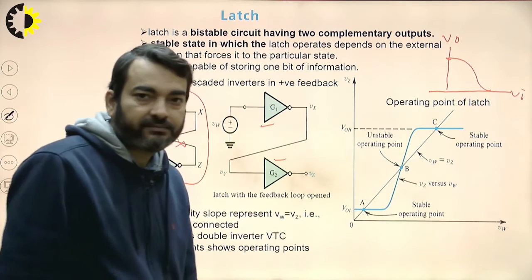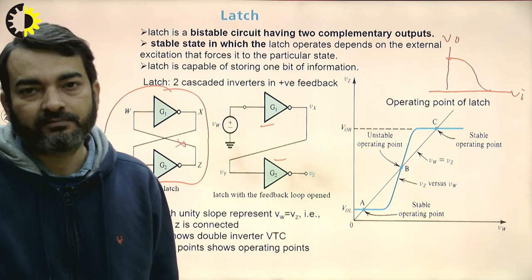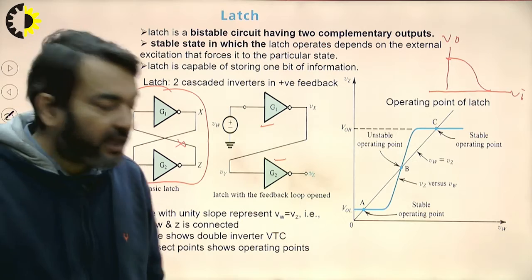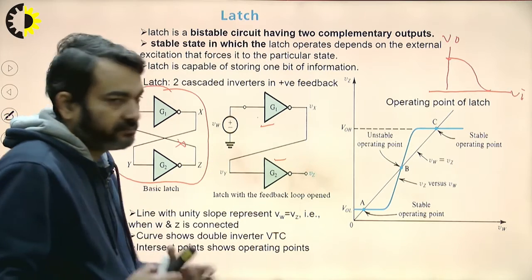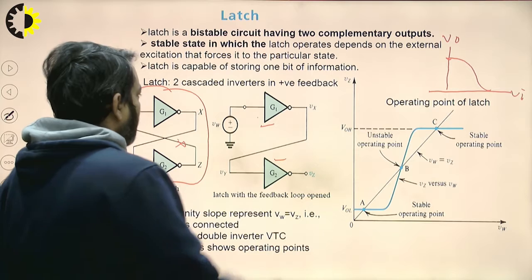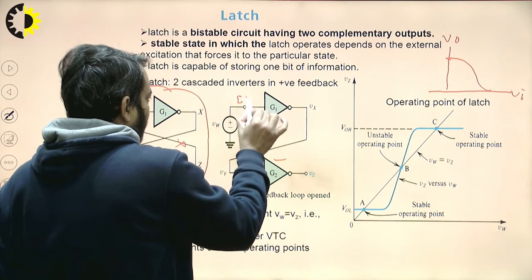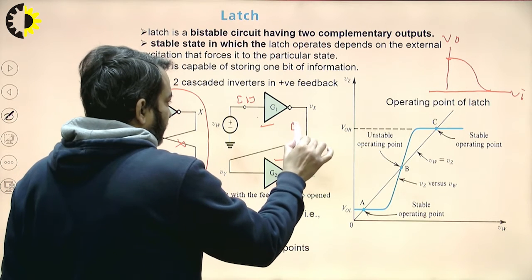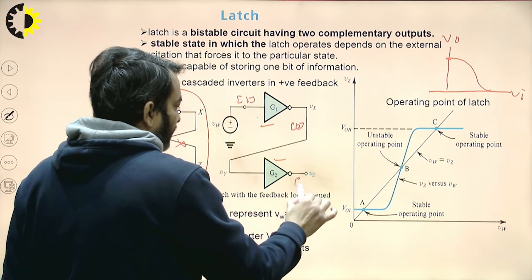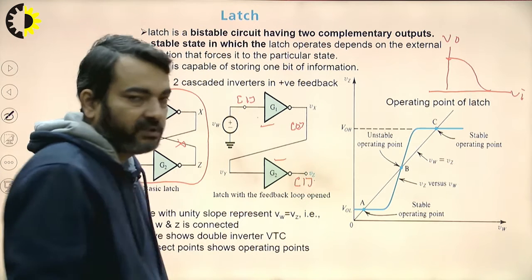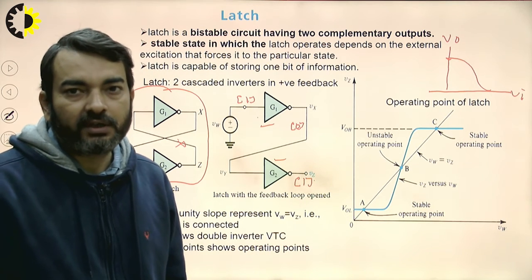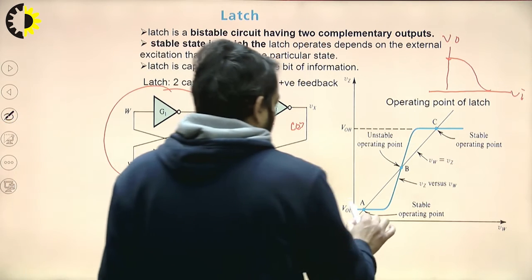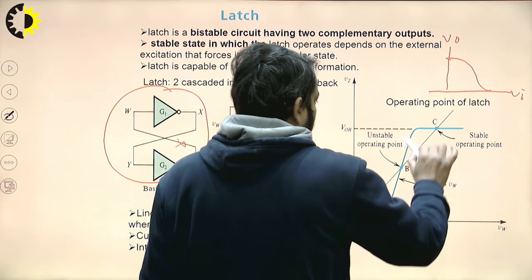So here we have two inverters. Let's say we have logic 1 at this point. We will get logic 0 at this point and logic 1 at this point. If we are using two inverters in cascade, the VTC will change like this blue line curve.